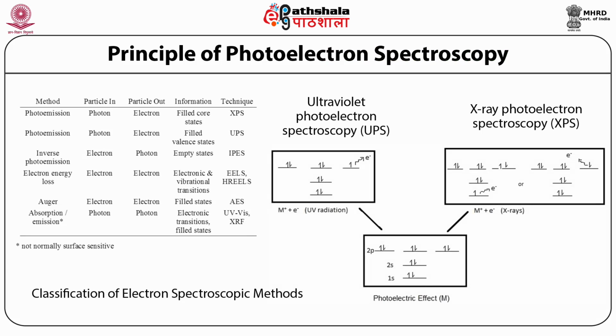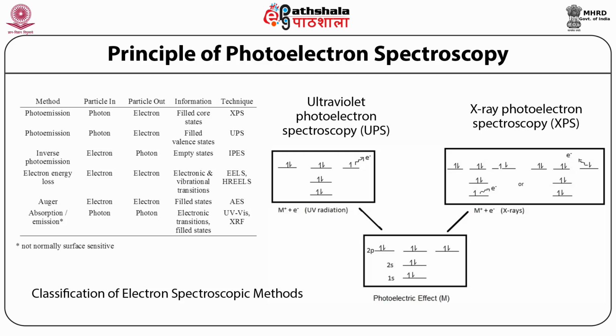Depending on the source of ionization energy, photoelectron spectroscopy can be divided into two categories. First, when the ionization is triggered by the valence electrons using the energy of ultraviolet rays, whose energy is less than 40 electron volt, which is sufficient to eject electrons from the valence orbitals, it is referred to as ultraviolet photoelectron spectroscopy, UPS.